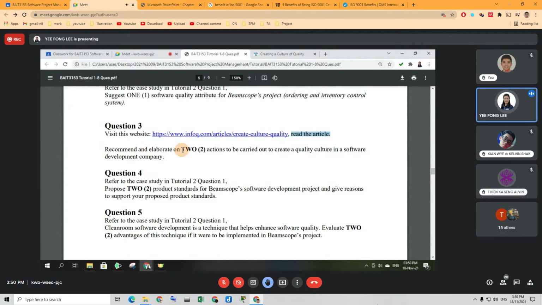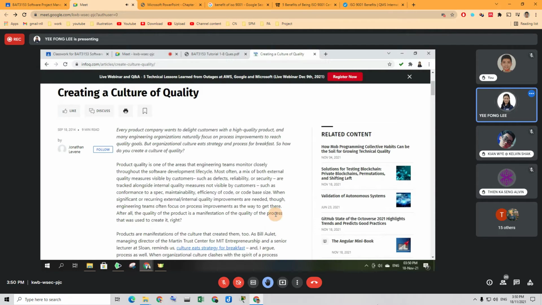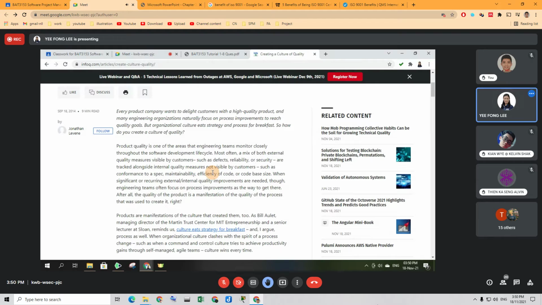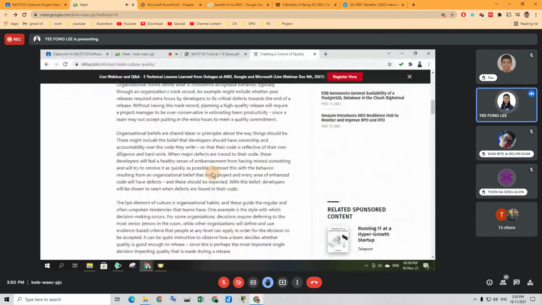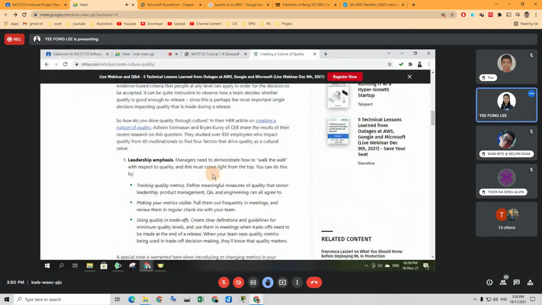Recommend and elaborate on 2 actions to be carried out to create a quality culture in a software development company. Here, read through the content. This study, this article, studied over 850 employees who impact quality from 18 quality multinationals.